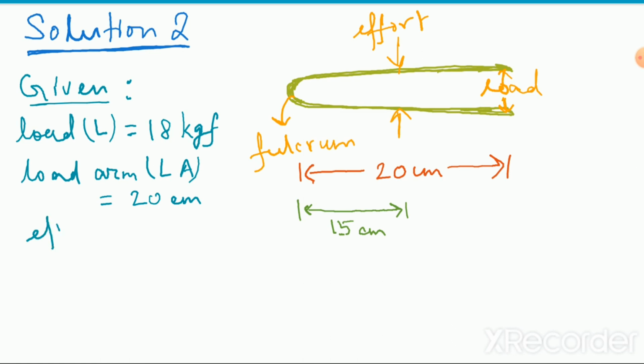Third is the effort arm, EA, equal to 15 centimeters. Now what do we have to find out?